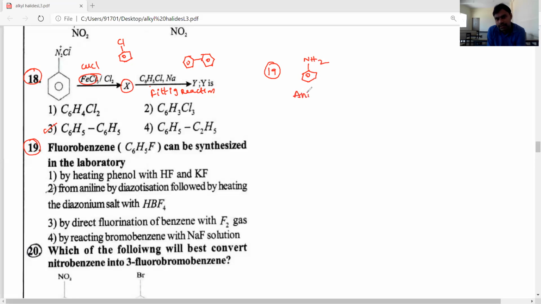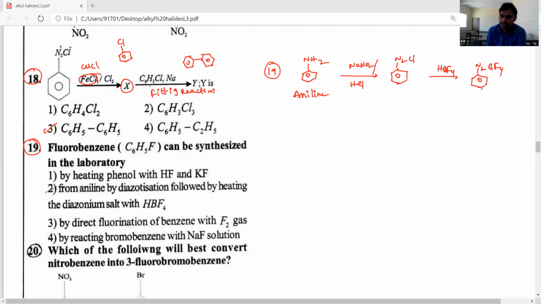This aniline treated with NaNO2 and HCl is known as diazotization and forms N2Cl, which is treated with HBF4 and forms N2BF4, benzene diazonium tetrafluoroborate.